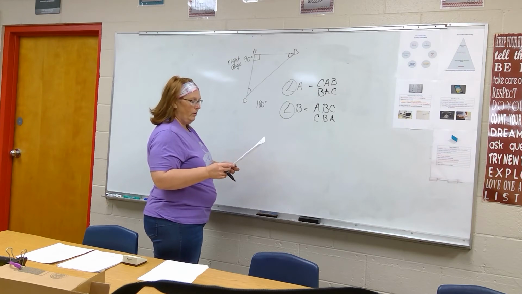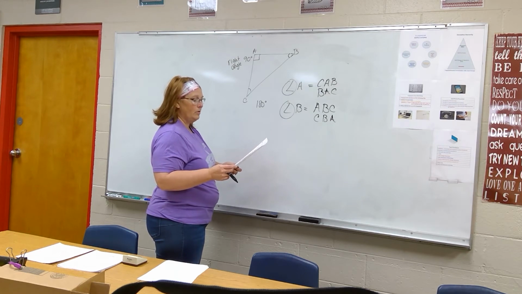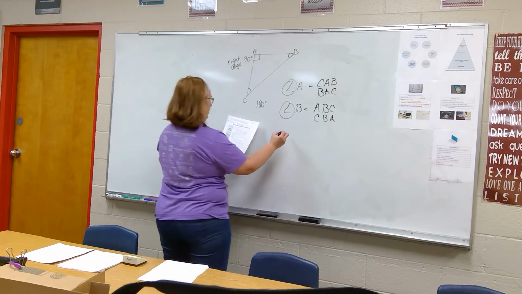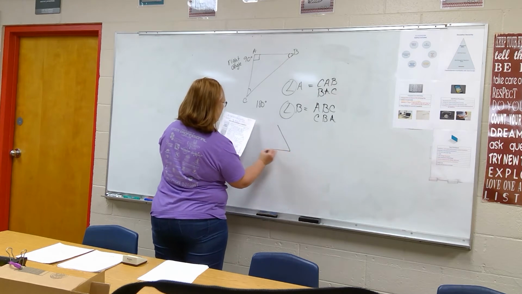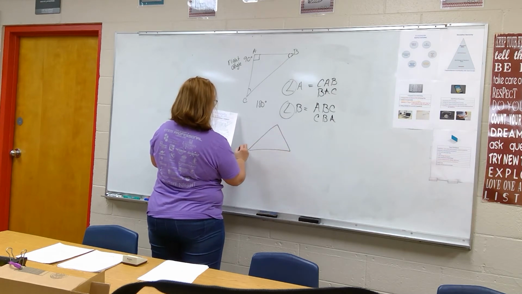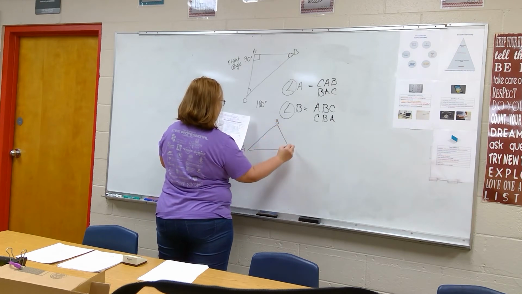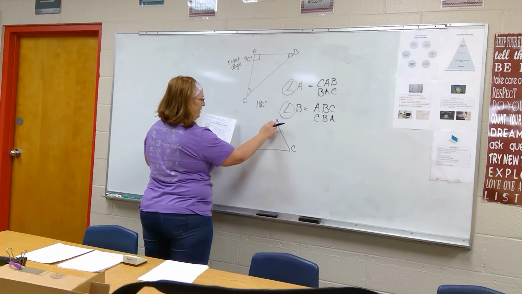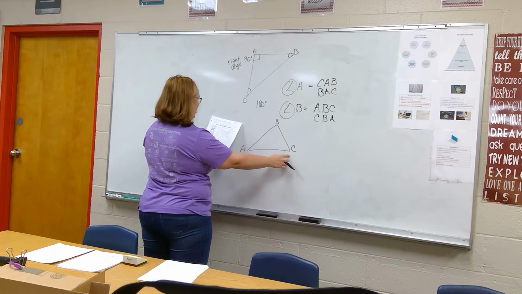Side length of a triangle. The side length of a triangle corresponds with the angle measure opposite the side. So triangle ABC is shown. They have it looking like this. We have A here, B here, C here. Triangle ABC is shown here.